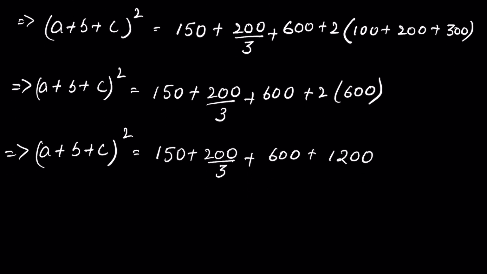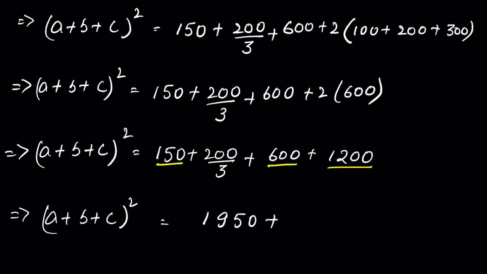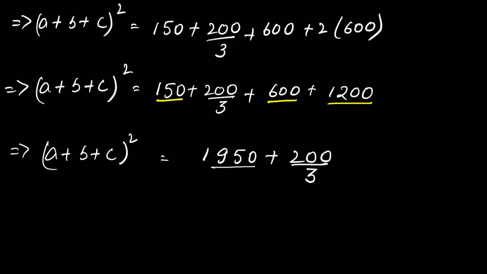Now we can add the whole numbers here. So A plus B plus C whole square, add 150 plus 600 is 750 plus 1200 is 1950 plus 200 upon 3. Now we can add, if we put the denominator as 1, then these two are fractions.